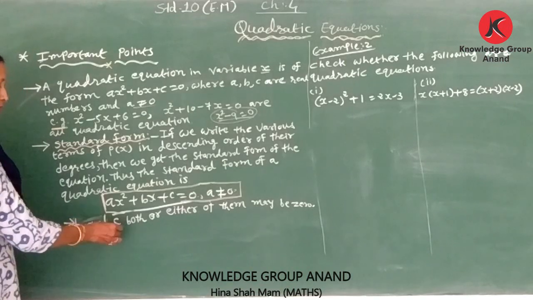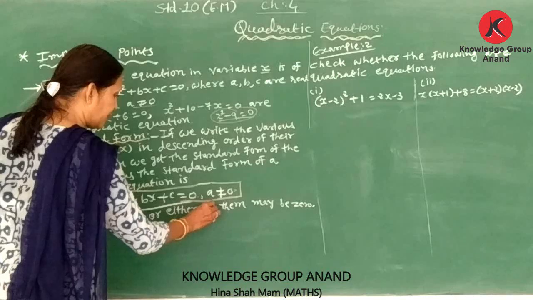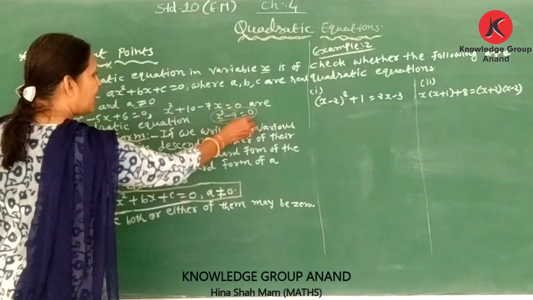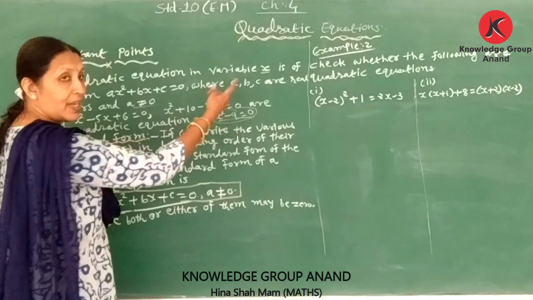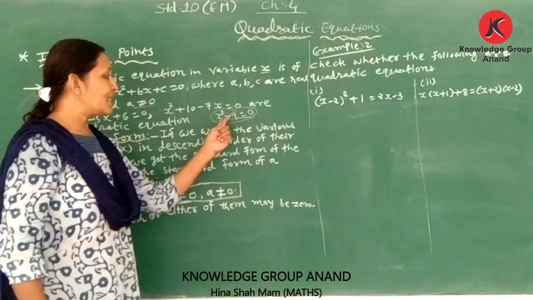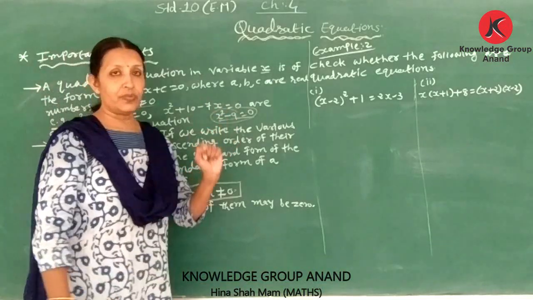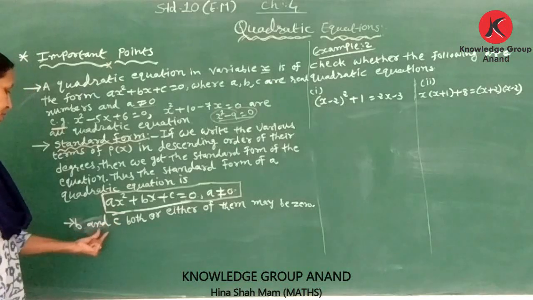B and c, both or either of them may be 0. Here x square minus 9, b does not exist. Ax square, b is 0, x minus 9 is equal to 0. A is equal to 1, b is equal to 0 and c is equal to minus 9. Here b is not present, therefore b is 0.